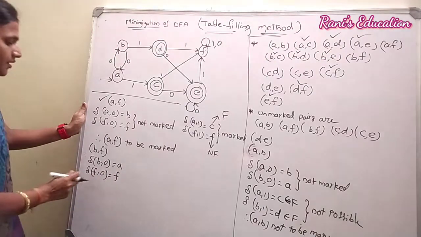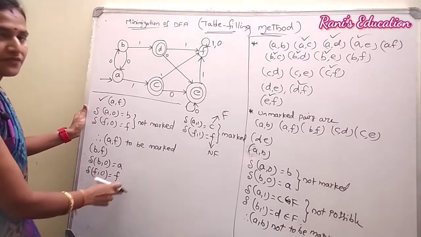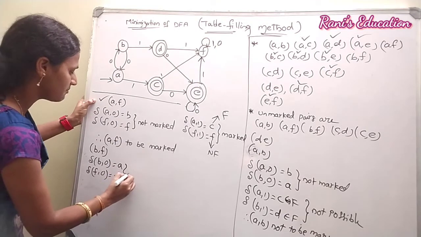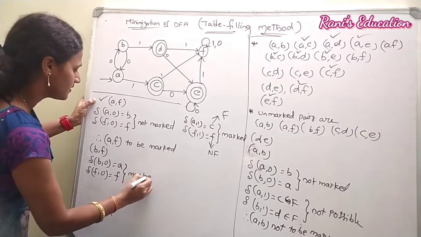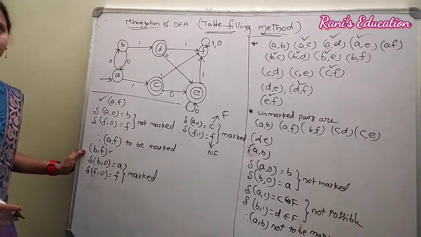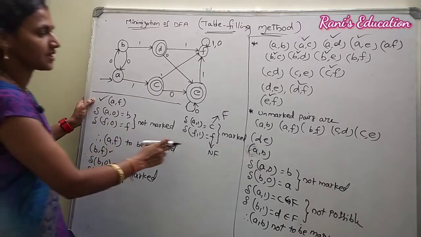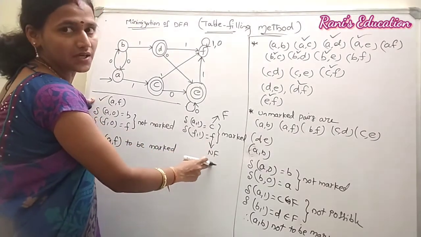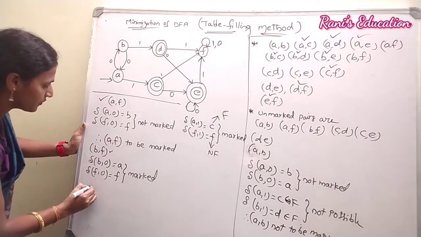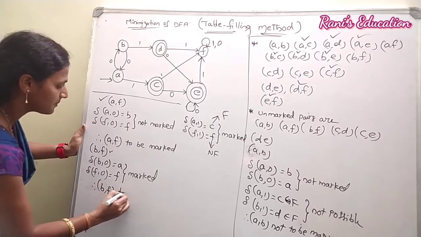F. So whether AF is already marked in the table, yes, we have marked it here. So AF is marked, so we are going to mark BF as well. Why? Because here we got markability.